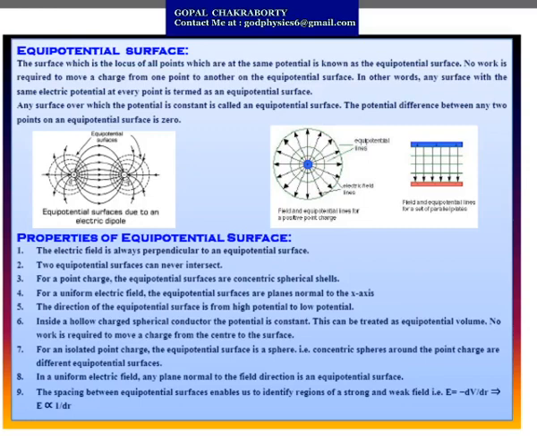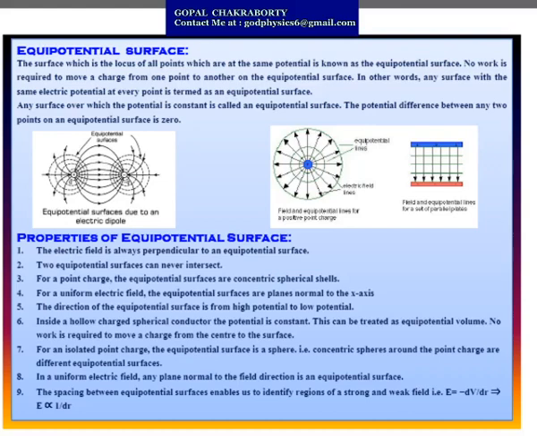These properties are, the first one, the electric field is always perpendicular to an equipotential surface. Equipotential surfaces can never intersect. There may be a large number of equipotential surfaces, but they cannot intersect each other.